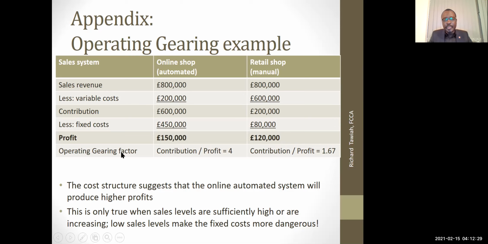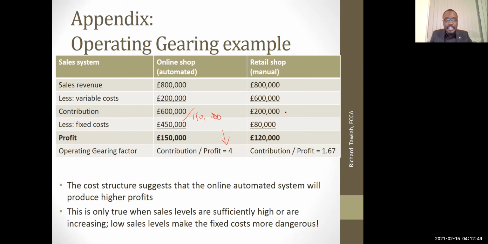The question is the operating gearing factor. How do we find it in terms of contribution per profit? Simply, if we divide 600,000 by the 150,000, we end up getting 4 times.